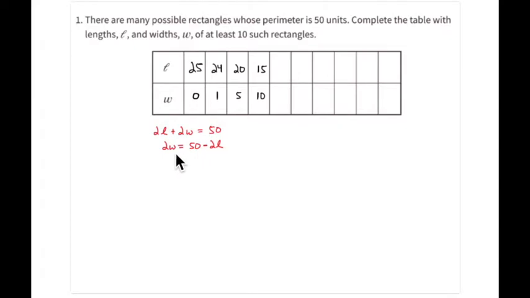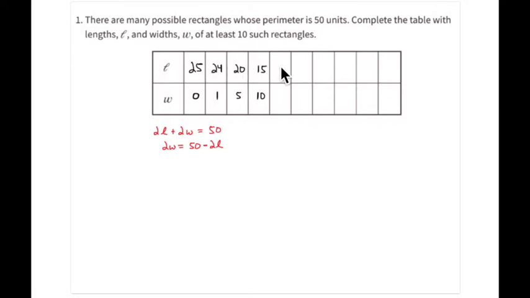That means the width then equals half of that 10, or 5 units. And if I use up 15 units on a length, I'm going to double that length to 30. Going to subtract that from 50. That's going to leave me 20 units, and half of those 20 units are going to be 10 units for each width. And by now you might start to realize that you can just work with the 25.